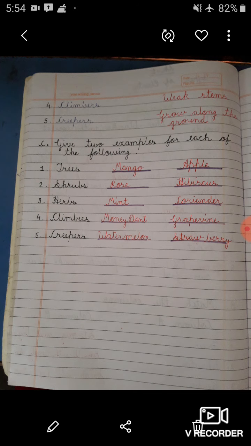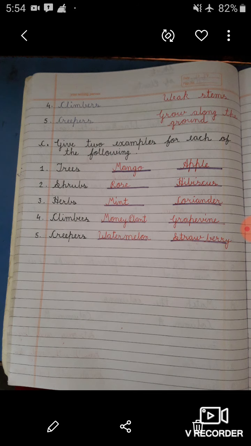Then write the serial number 1, trees. Do you know two examples of trees? Yes, mango and apple. In the first blank write MANGO, mango, and in the second APPLE, apple.